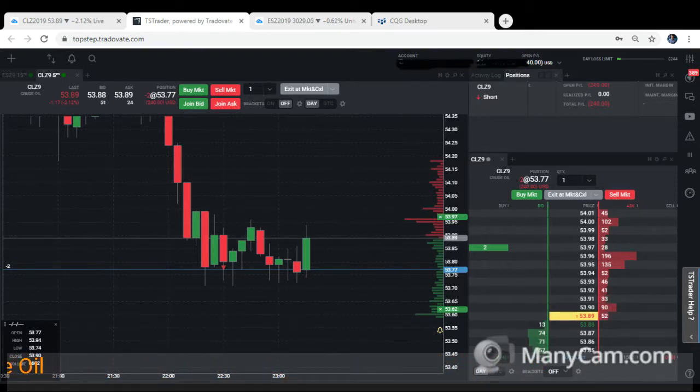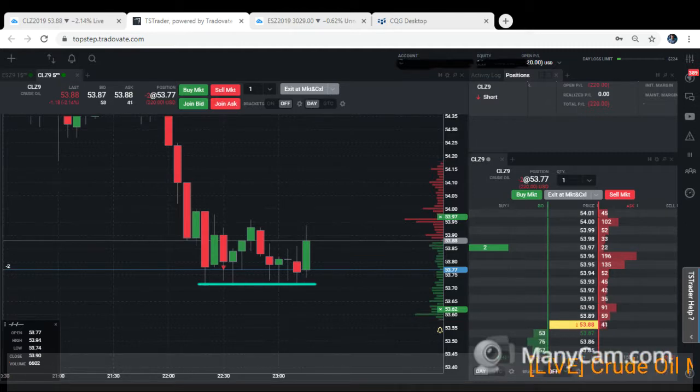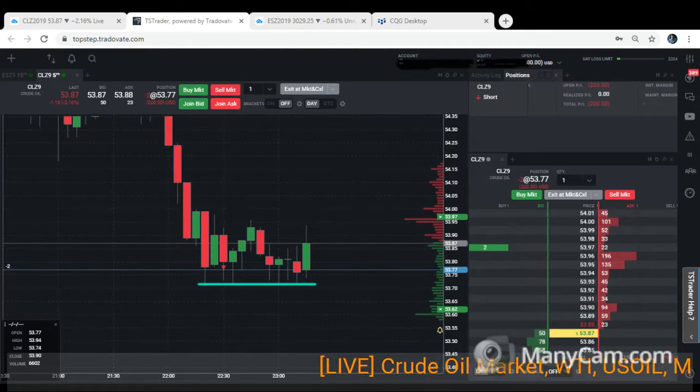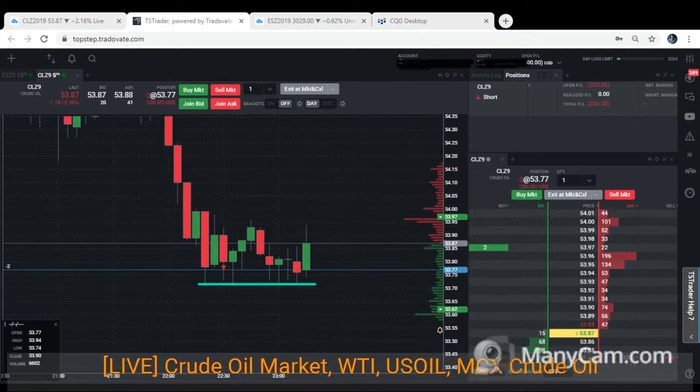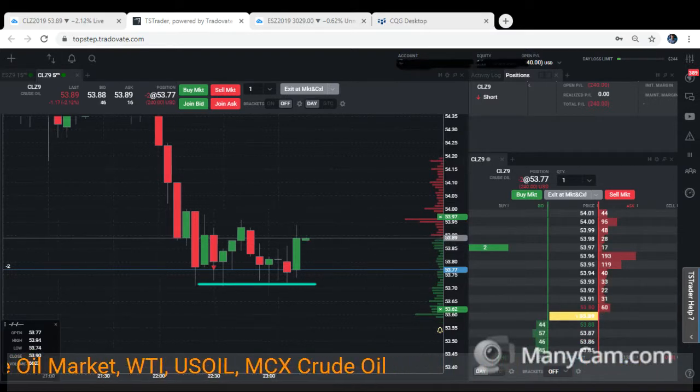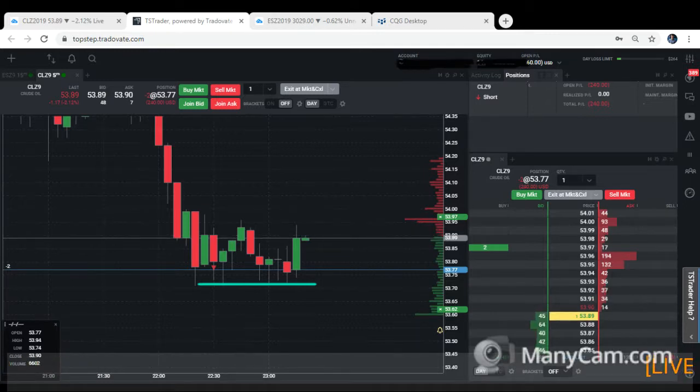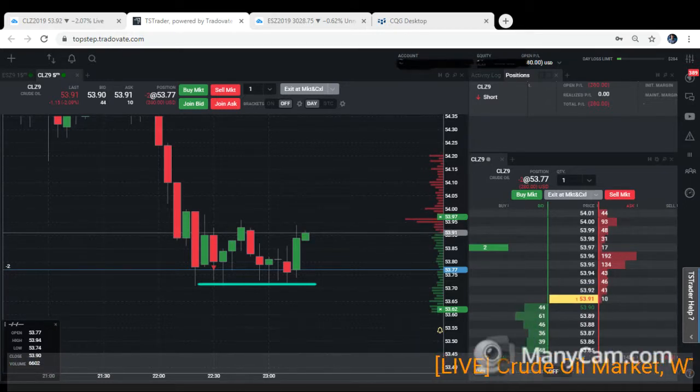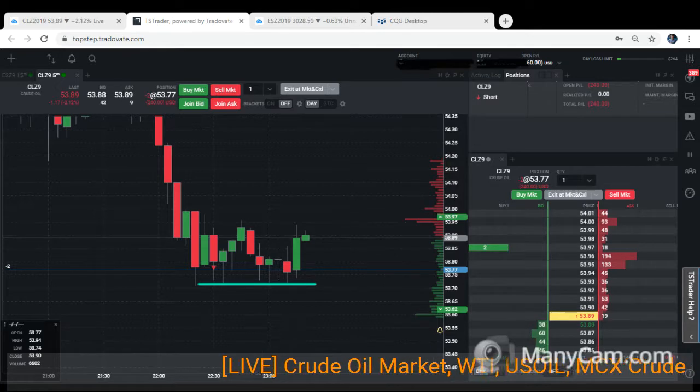I'm not sure, because we can see quite strong support over here. The market didn't penetrate it. It has been a few minutes, 1, 2, 3, 4, 5, 6, 7, 8, and 40 minutes. Normally I will be in the market for under 10 minutes, so this is not a good trade.